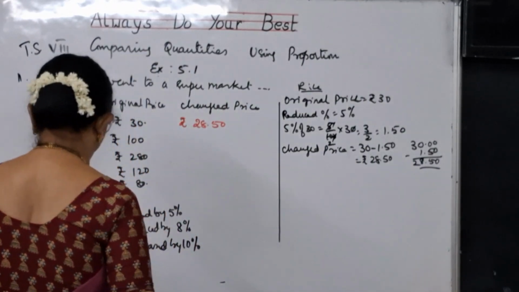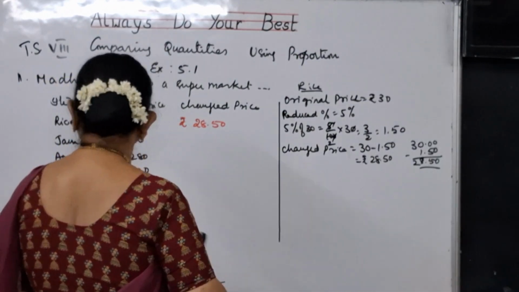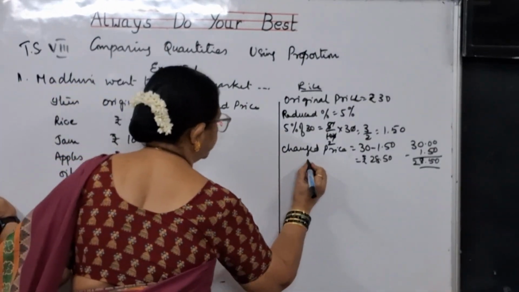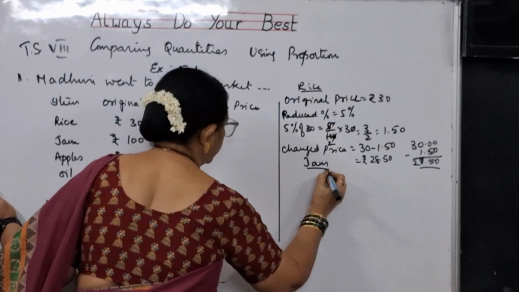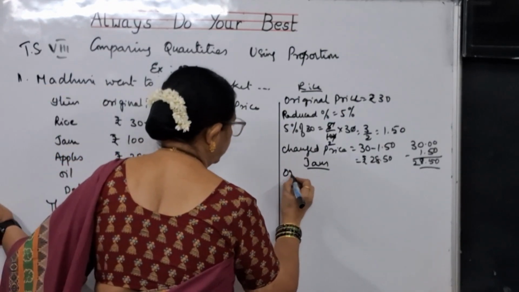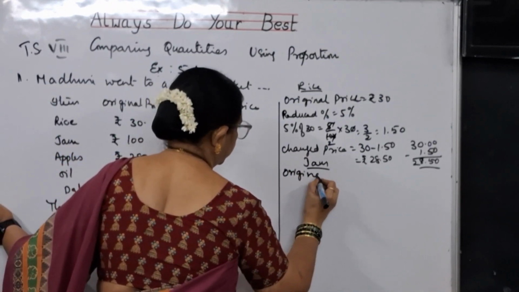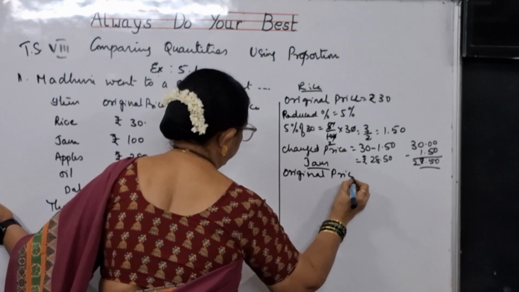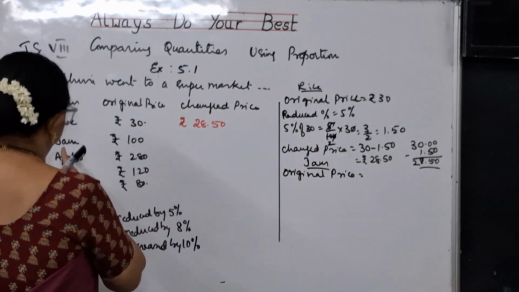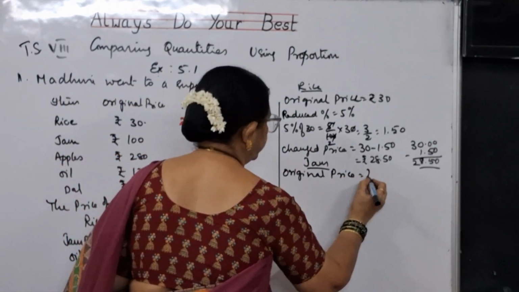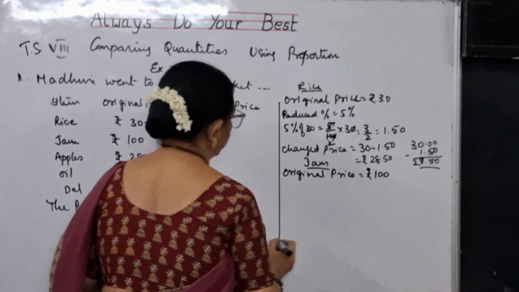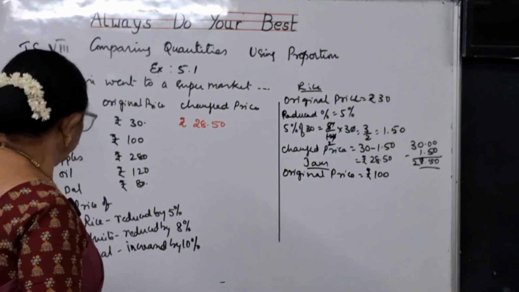This is about rice. Next, I need to find out the next one, jam. For jam, what is the original price? How much is the jam price? Rupees 100. So what is the reduced?